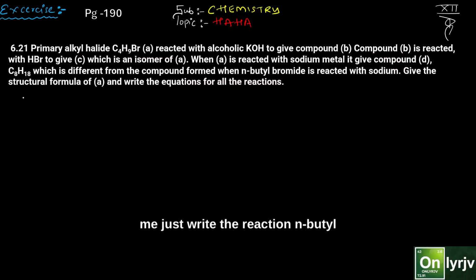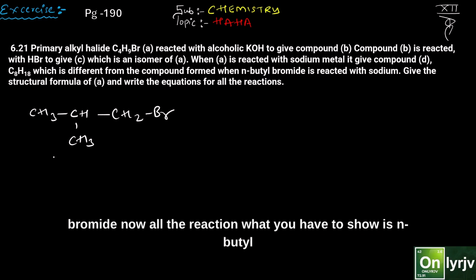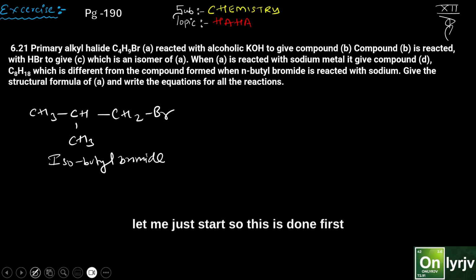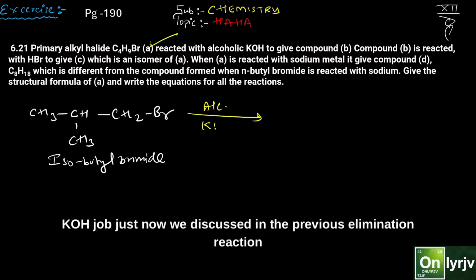So let me just write the reaction. Isobutyl bromide, CH3CH(CH3)CH2Br. So our main compound we have decided is isobutyl bromide. Now all the reactions you have to show are for isobutyl bromide only. So let me just start. First they are reacting with alcoholic KOH.